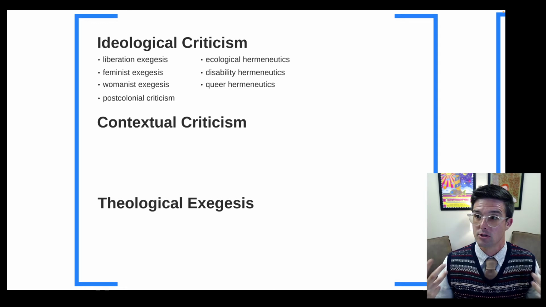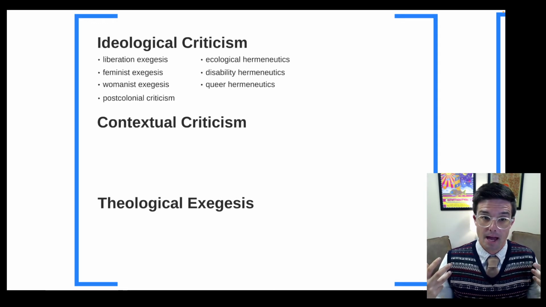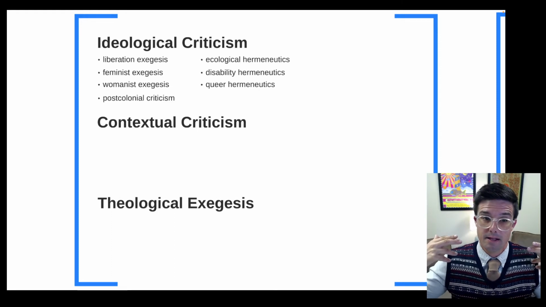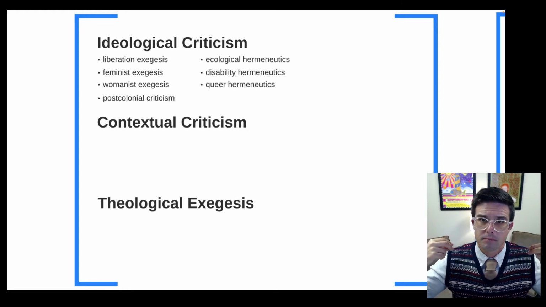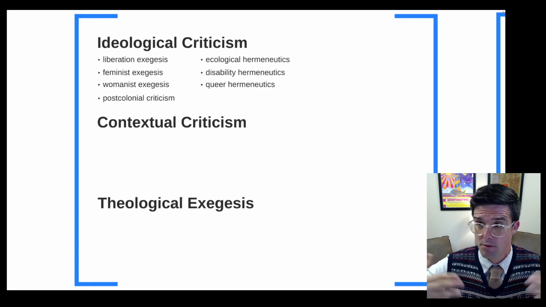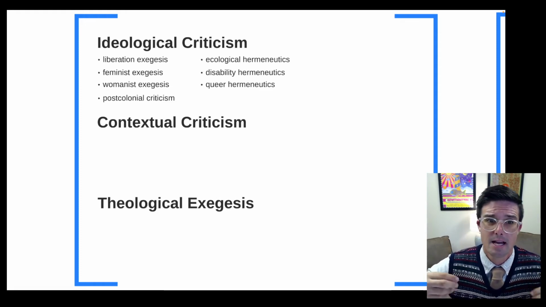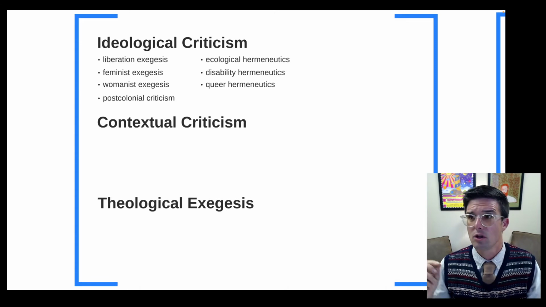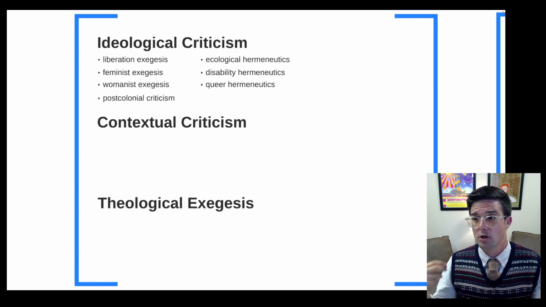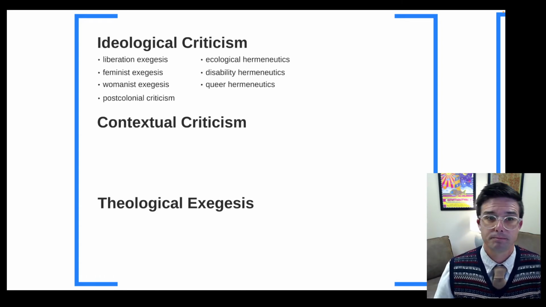They begin with the concerns of women, taking a lens that is feminist and that looks out for the power structures that may have suppressed women. And womanist exegesis is particularly concerned with interpreting the biblical text from the perspective of Black women.